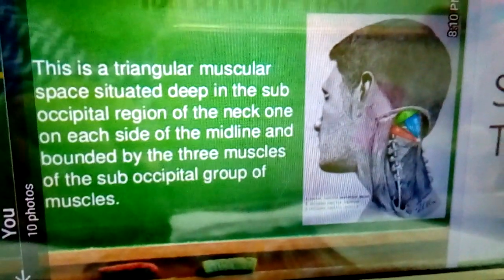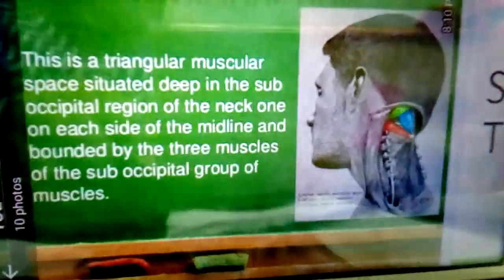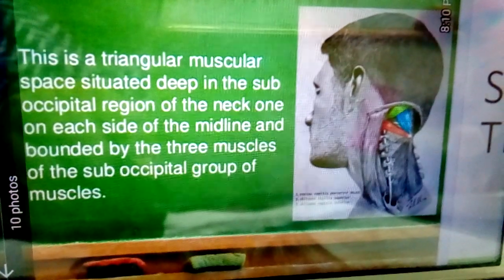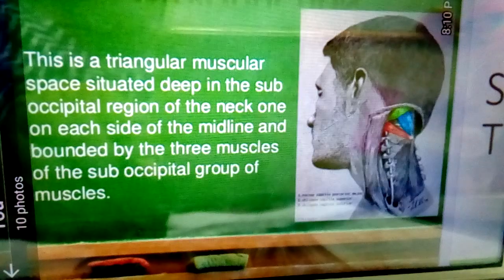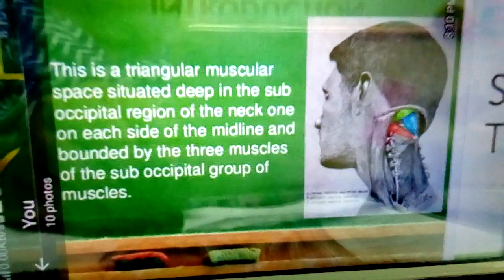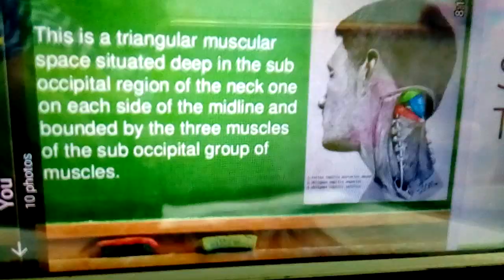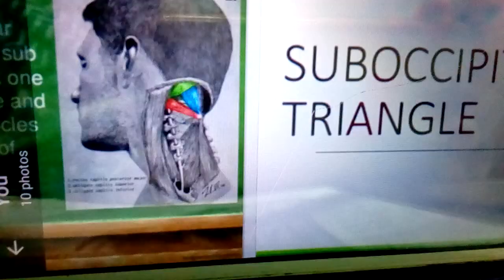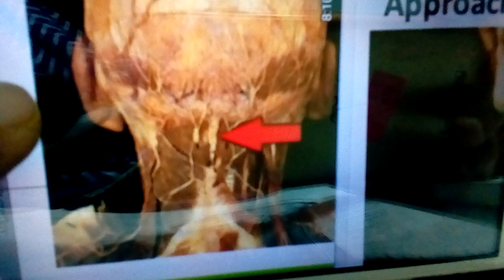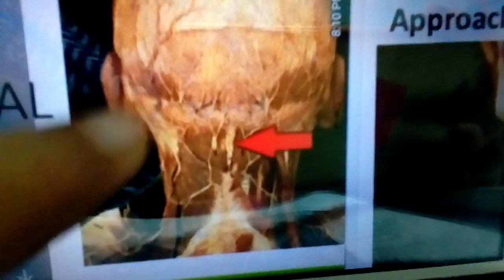As I said, it is a triangular muscular space situated deep in the suboccipital region of the neck, one on either side of the midline, bounded by the suboccipital group of muscles. So how to approach this? Here we are going to approach the suboccipital triangle.